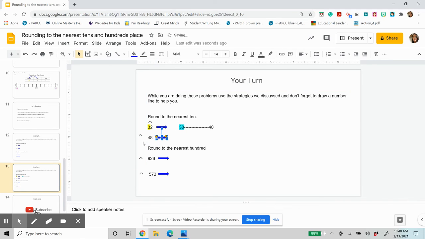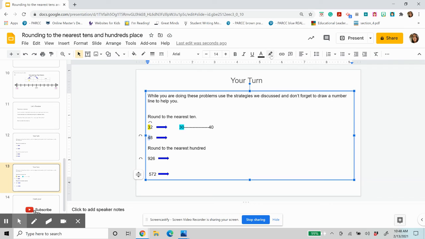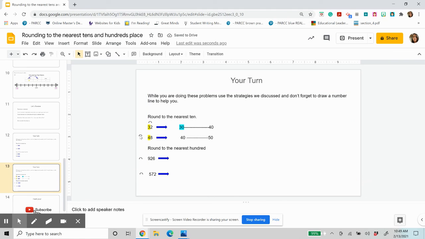All right, 48 rounded to the nearest 10. So I'm looking at my tens place. That's 40. So I'd come over here and I would say, okay, my two choices are 40 and the next 10 up is 50. Okay, so now I'm going to take my little arrow and I'm going to move it over here. Okay, and my number 48.